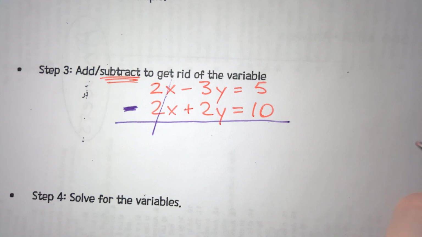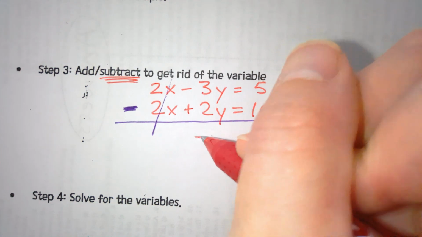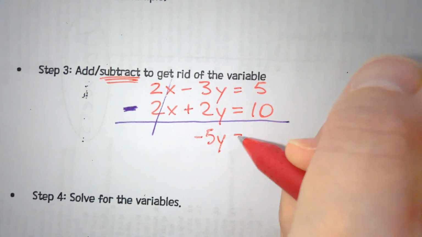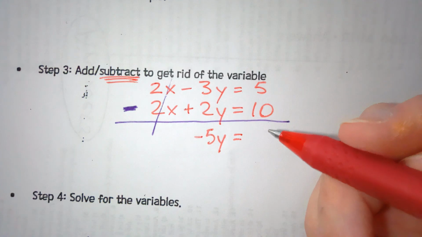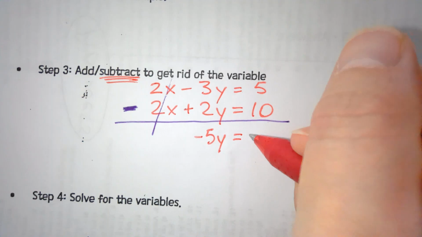Think about it. You're moving further away down the line. Negative 5y. And then what is 5 minus 10? Negative 5.